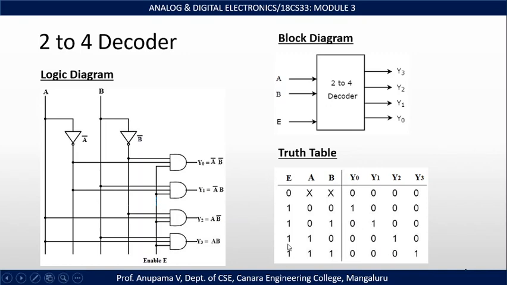When enable equal to 1 and A is set to 1 and B is set to 0, then Y2 will be activated or set to 1 and all the remaining output will be set to 0. When enable equal to 1 and AB are set to 1, then output Y3 will be high or set to 1 and all other remaining output will be set to 0.